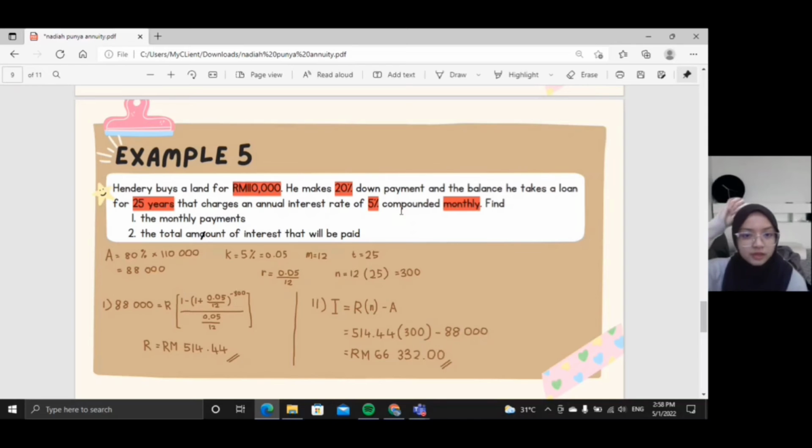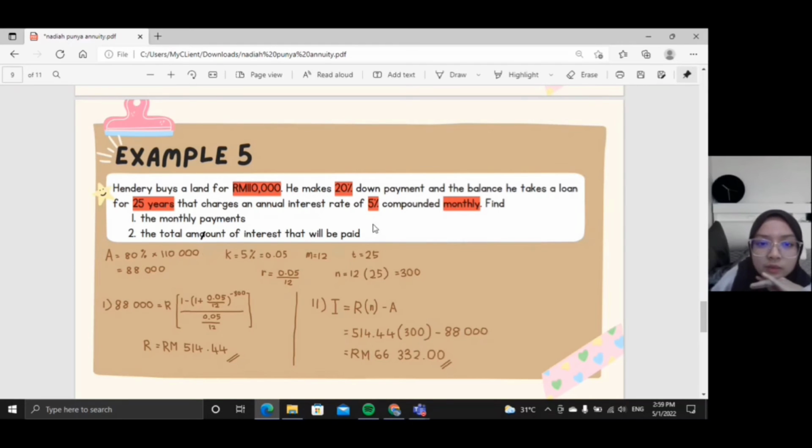Okay, so why is my A just 80% from 110,000 ringgit here? Because Henry already made the down payment of 20%. So the annuity that we will count is just 80% of this amount. So we will get A equal to 88,000.